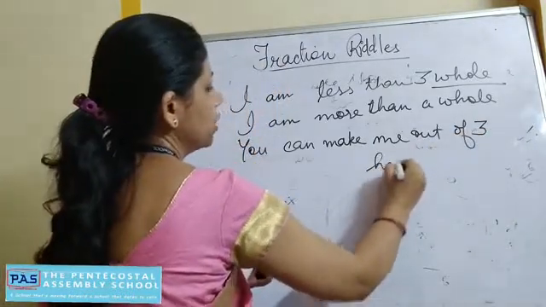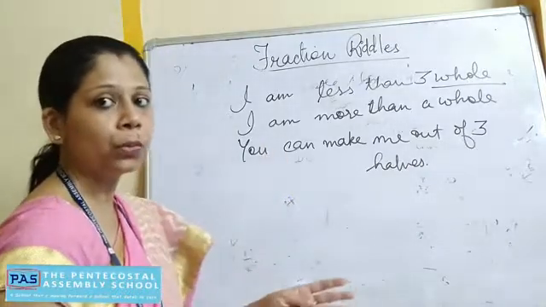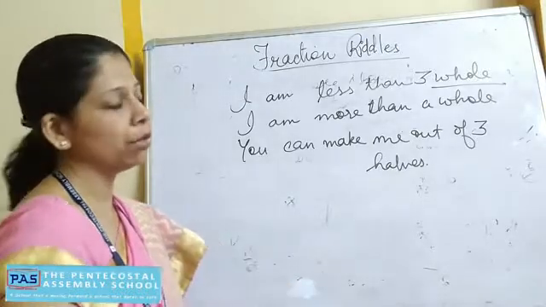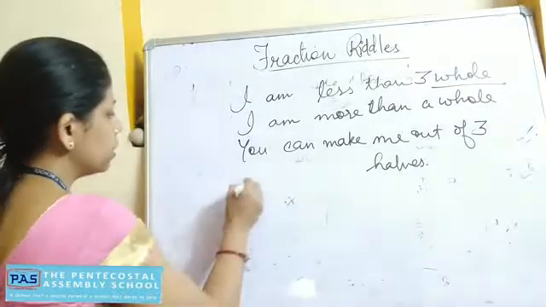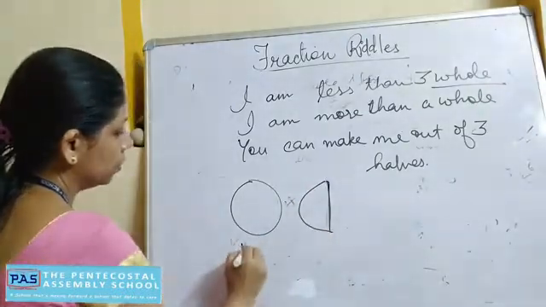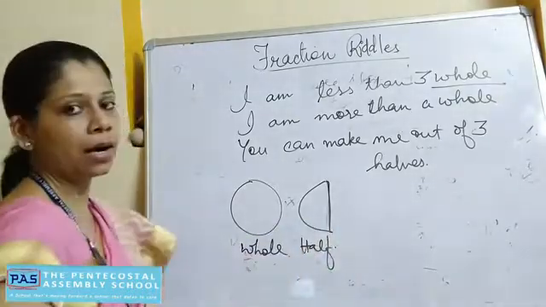And we also know what is a half. 1 by 2. Something we've divided into 2 equal parts. Both of the parts are called 1 by 2 and 1 by 2. So this is whole and this is half.